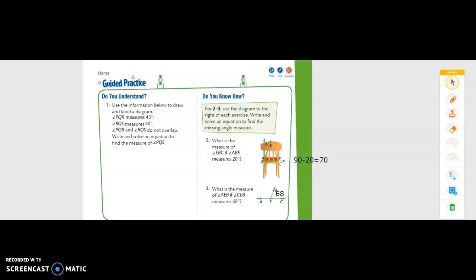Yes, it's a straight line. And we know that a straight line measures how many degrees? Exactly, 180 degrees. Great job. So to find the measure of angle AEB, we just have to find the difference. So our equation would be, I'll give you a second to think about it.